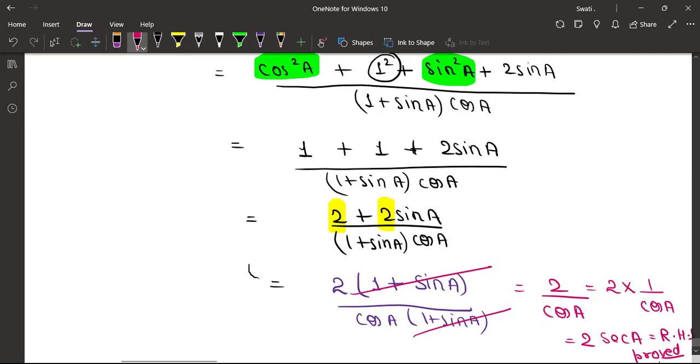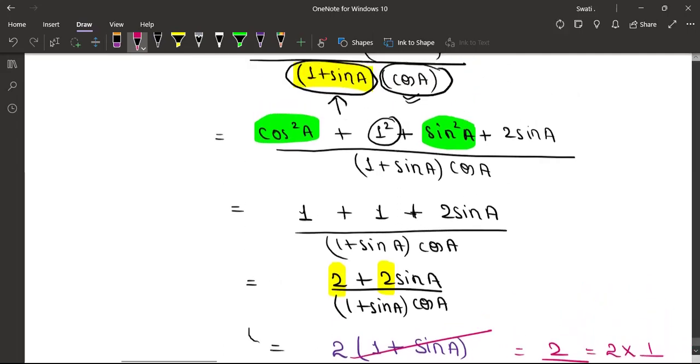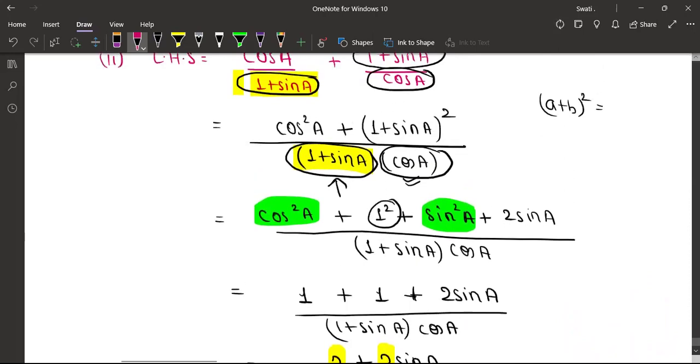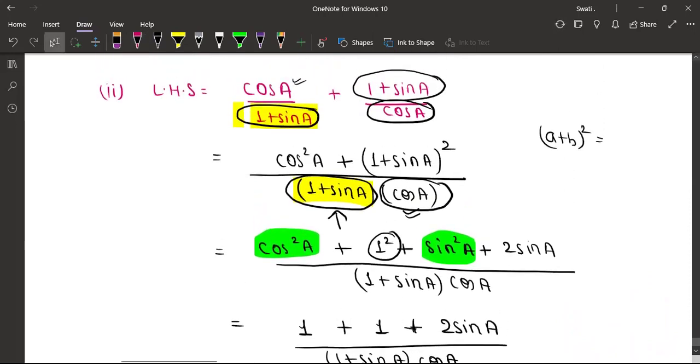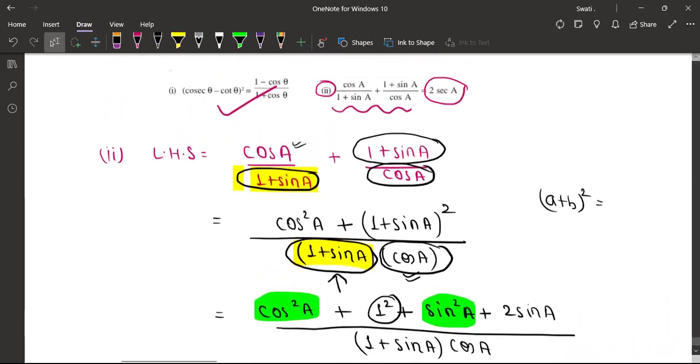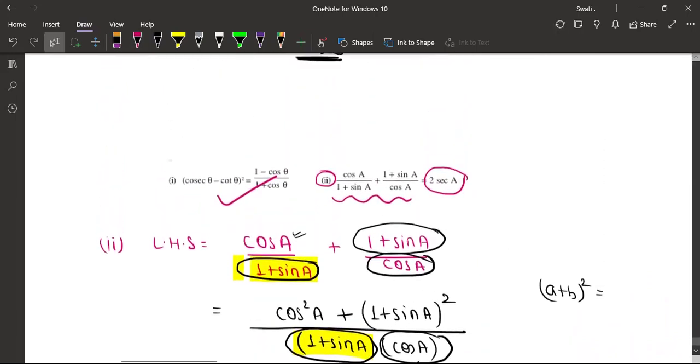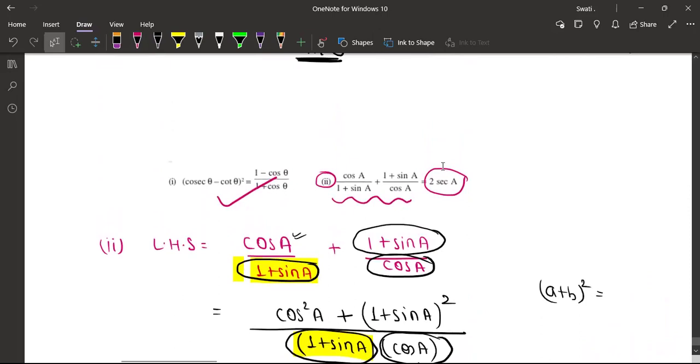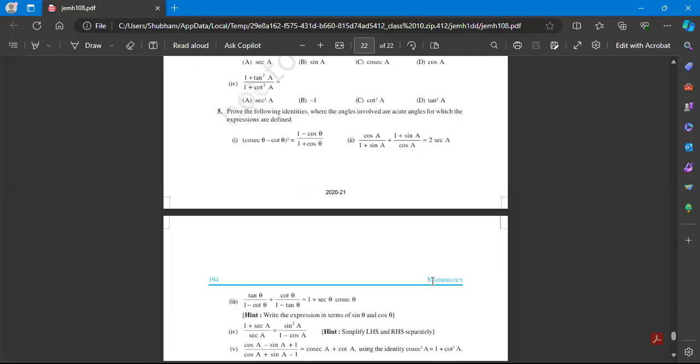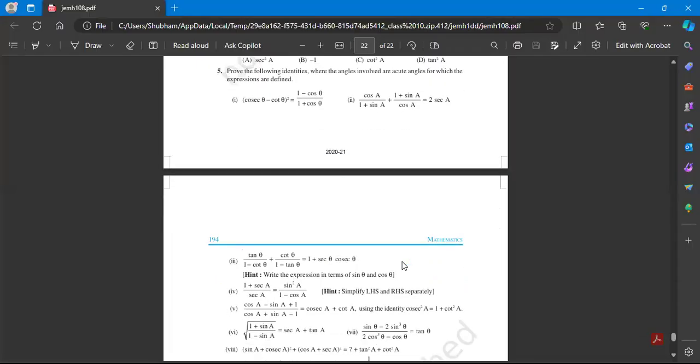Understood? Is it very clear? Okay. All right. So we are done with question number 1, and we are done with question number 2. Now let's go to question number 3. See, 1 and 2 are done.